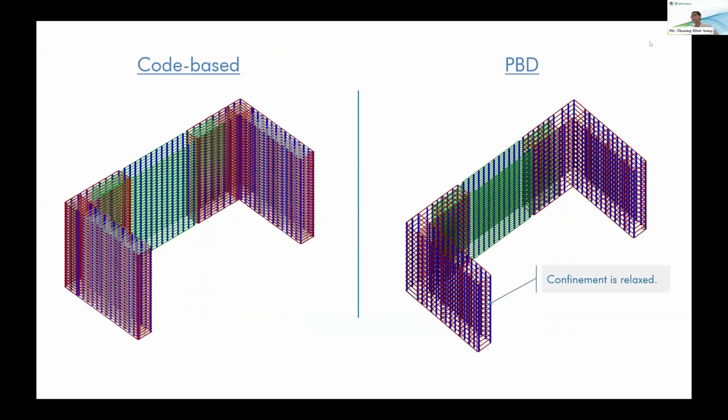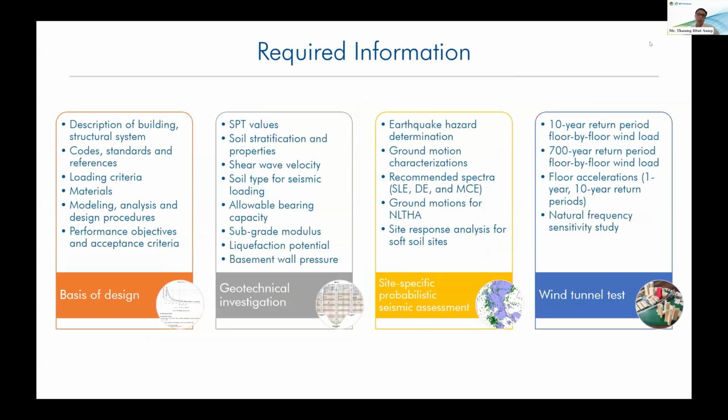But in the PBD approach, if we check the axial strain of concrete explicitly, and the axial strains are low, we can reduce the confinement in the boundary zone of the shear walls. So here on the left side, confinement is very dense, but on the right side, based on the PBD outcome, the confinement is significantly relaxed and we can reduce the cost.